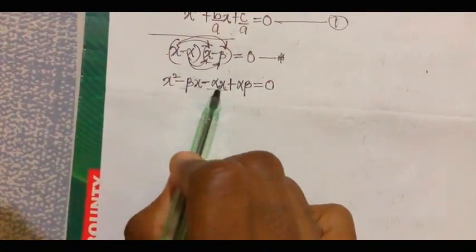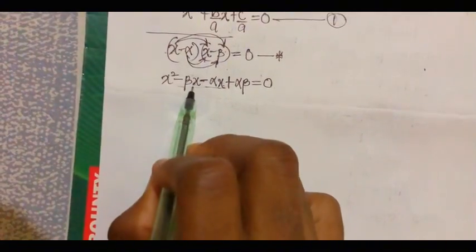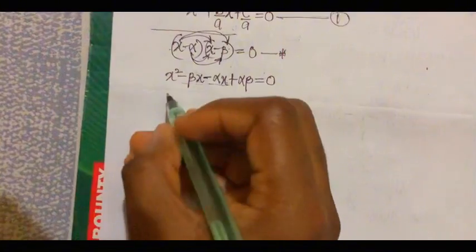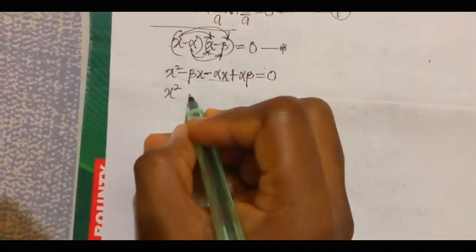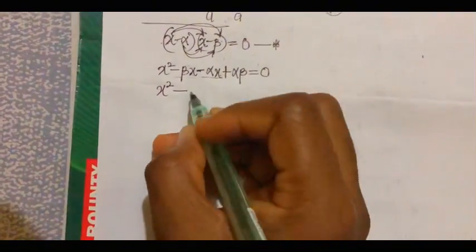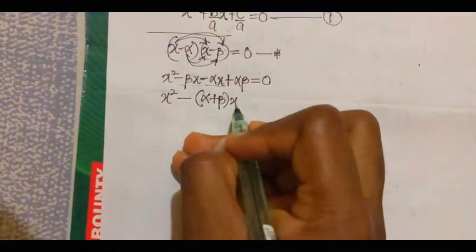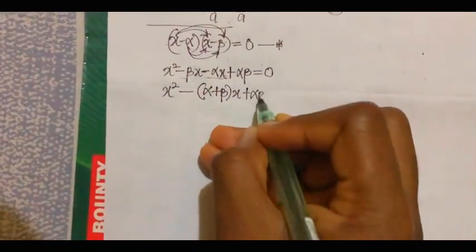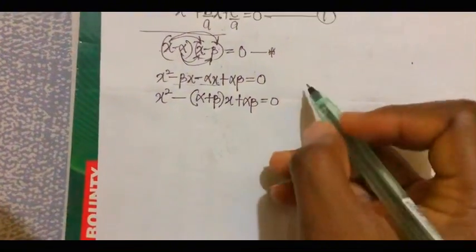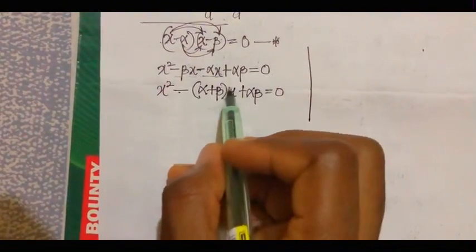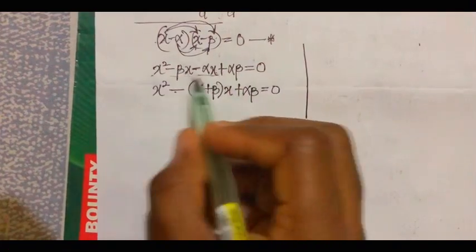If you notice from these two expressions, there's a common expression, which is x. So we can write this as x squared minus open bracket alpha plus beta close bracket into x plus alpha beta equals 0. There's no big deal there. If you open this expression back, you will get everything in this expression.